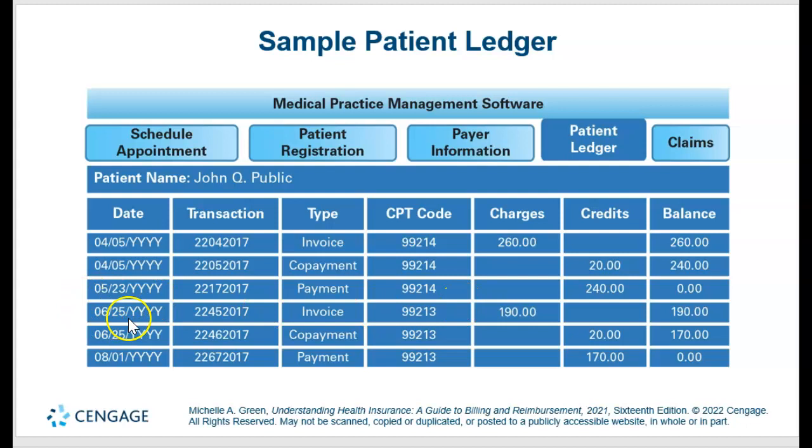Now here's a different invoice. Charges were $190. Copayment was $20. And then they came in and paid $170. So zero balance each time. This is all because of the copayment. If there wasn't a copayment and it was a deductible, this could be a little different.